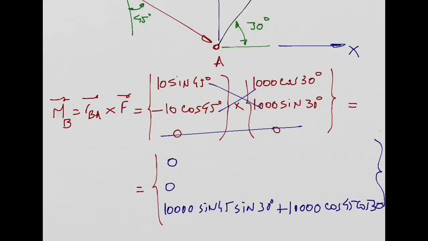As you can clearly see from here, the result for the moment is a vector again with a component in the z direction. This is in two-dimensional problems only. You always have a moment with a component in the z direction only. If you are doing 3D problems, you will have a moment with components in x, y, and z directions.